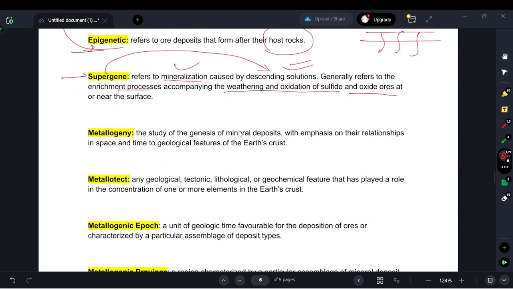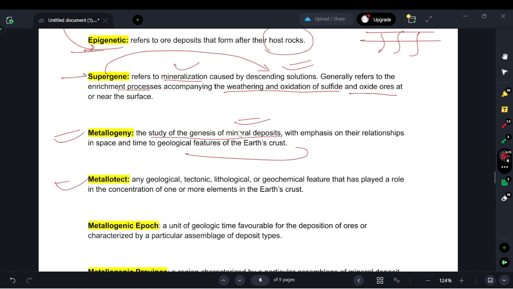Okay, now there is another term, metallogeny. Metallogeny is the word used in economic geology for the study of the genesis of mineral deposits. This emphasizes the relationship between space and time and the geological features of the earth crust for their formation. Similarly, what is the metallotect?